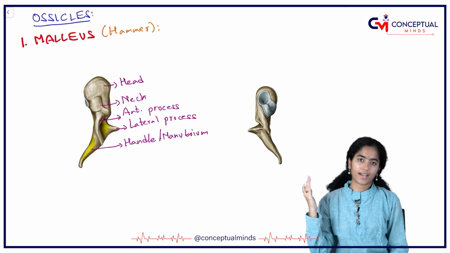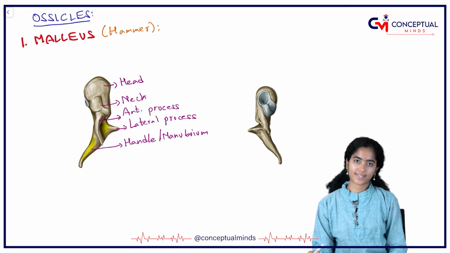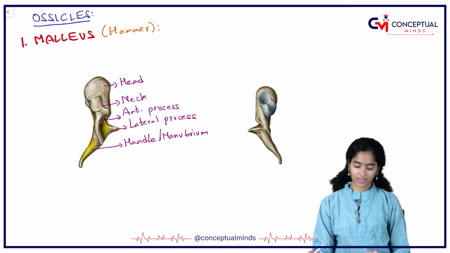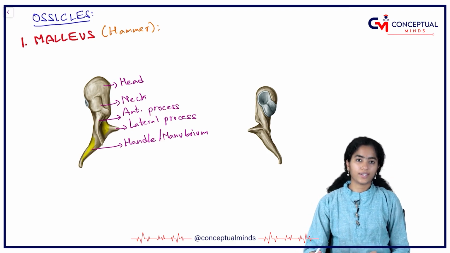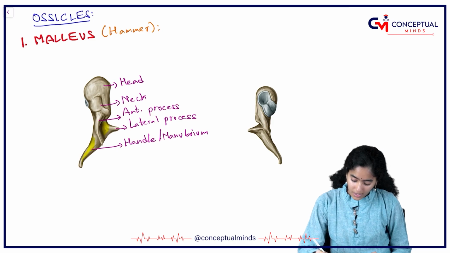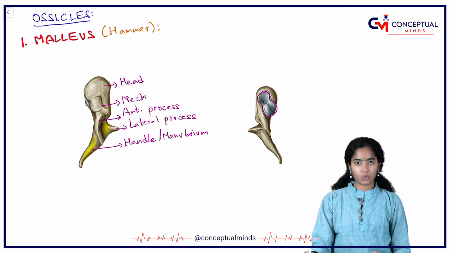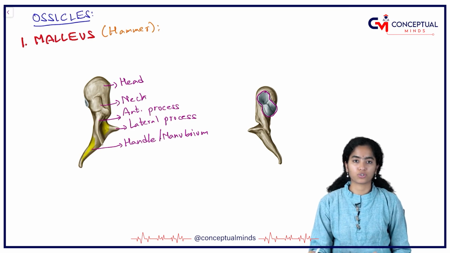Actually, it is in attachment with the tympanic membrane on one side and with the incus bone on the other side. The picture that you are seeing here is another orientation of the malleus with the same parts. This is the part that articulates with the incus bone. To show that, I have put another picture.